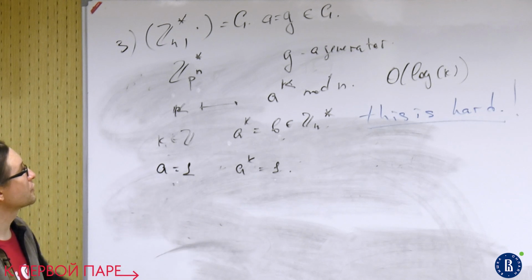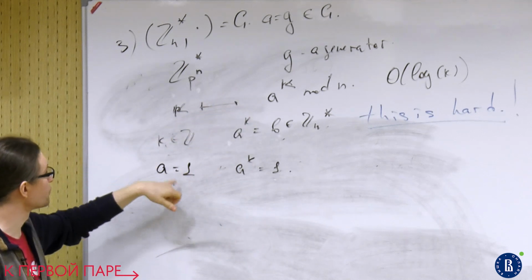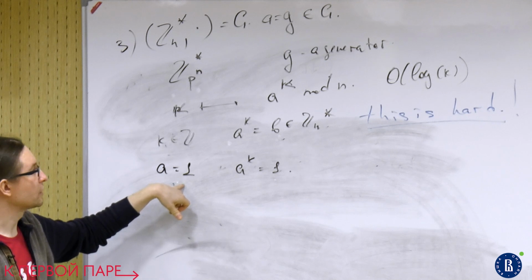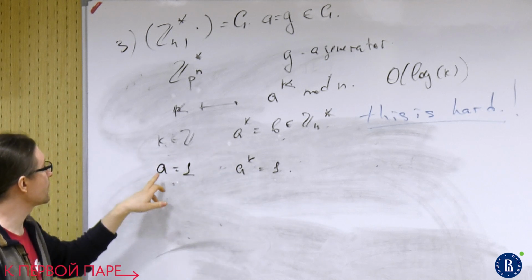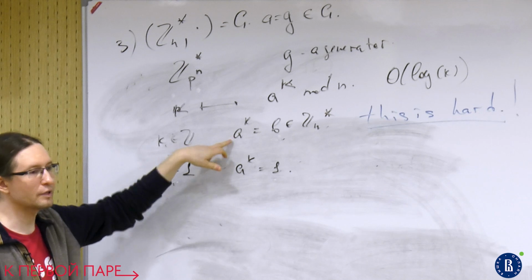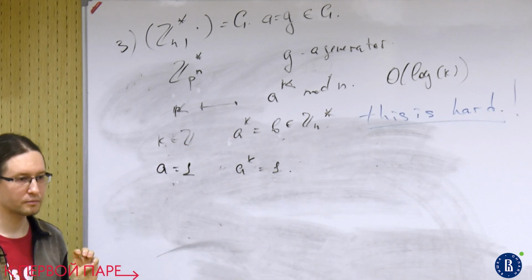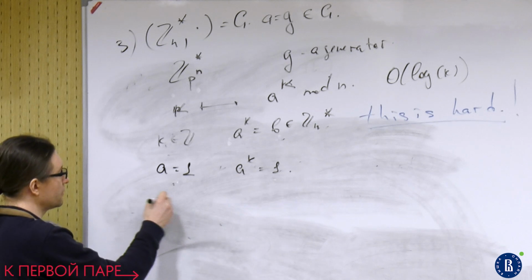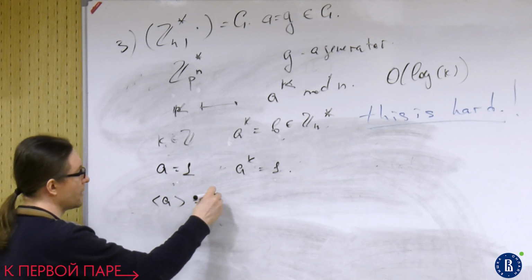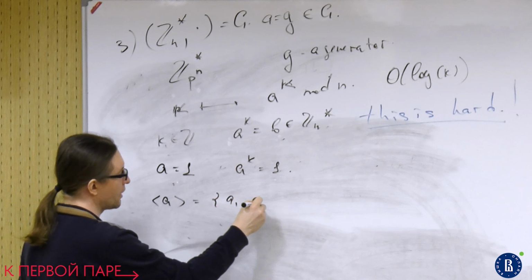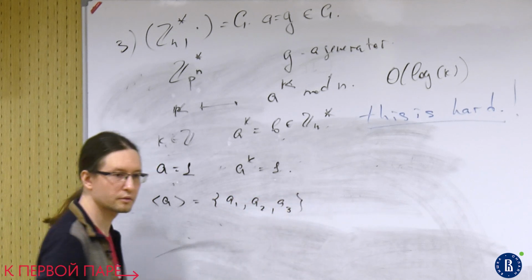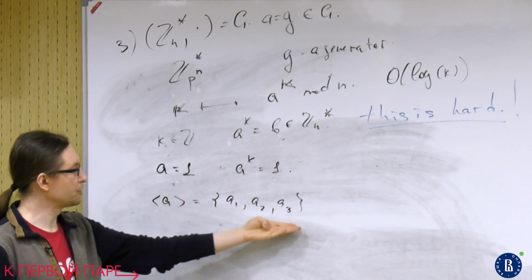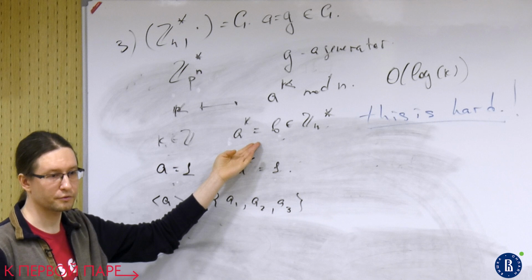But why is this a poor choice? Because you have too few powers. Let's say you're given an element A such that it has only 3 different powers. Then it's not hard to solve such a problem. Because if the cyclic group generated by A consists of 3 elements only, and you're given an element B which is not among them, then there is no solution for this equation.